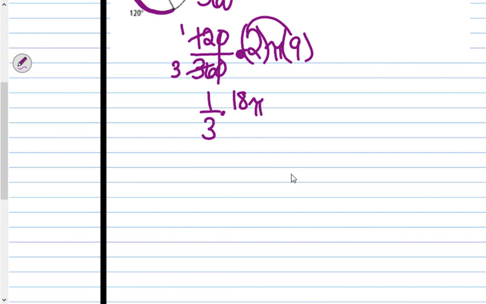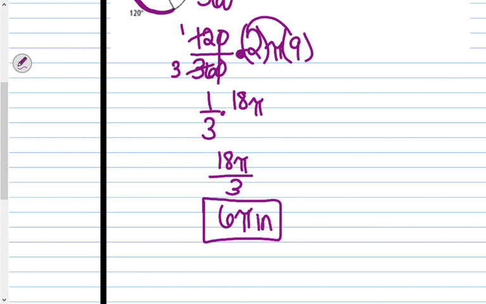So now I have 18 pi over 3, because 1 times 18 pi is 18 pi divided by 3. 18 divided by 3 is 6. So 6 pi inches is my answer. So that's not the whole circumference. The whole circumference was 18 pi. I needed 1/3 of the whole circumference, which was only 6 pi inches.